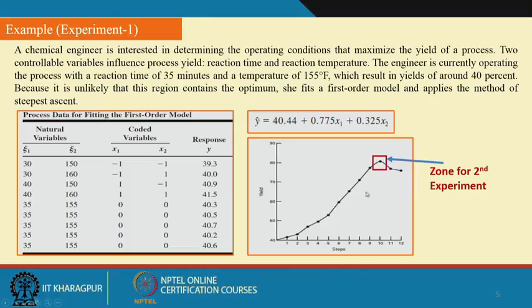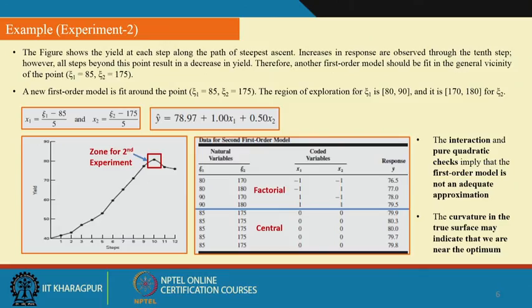Okay. So, let us see what happens if we conduct a second experiment at this point. Again we thought there may be a first order relationship, so at this point the experiment was conducted with new factorial points and a new central point.